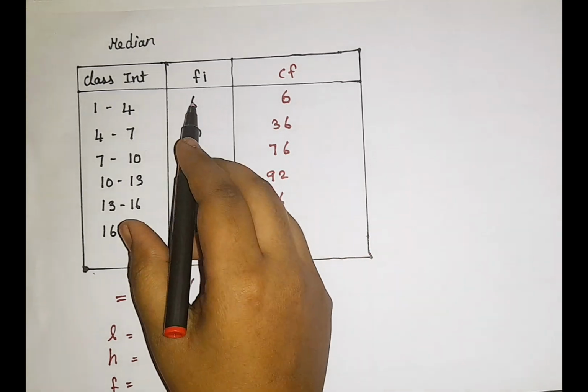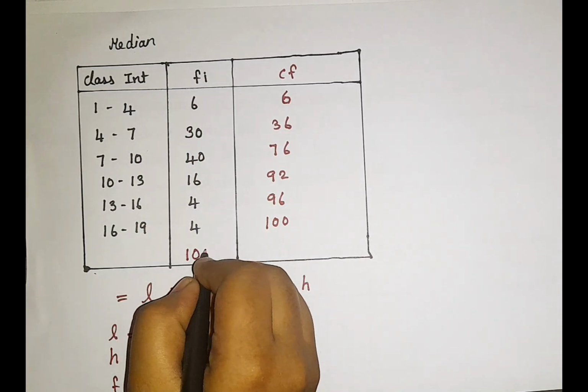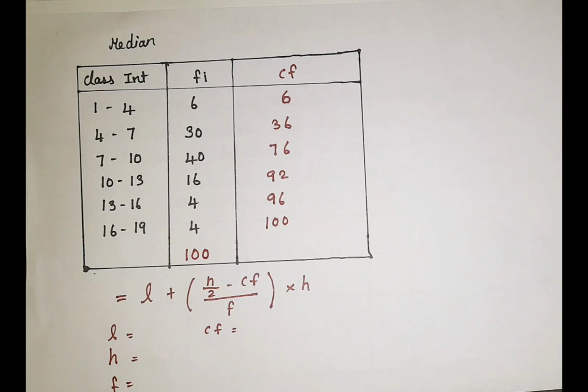So when you total this frequency, we get the value 100. So I am sure that my calculations are correct. Why? Because I got similar values, isn't it?